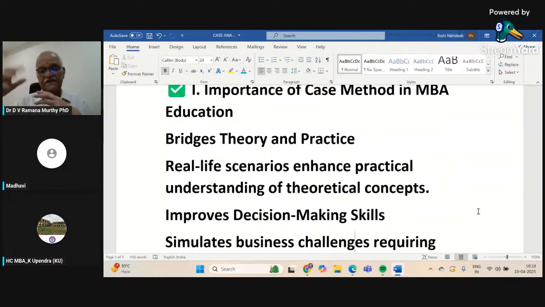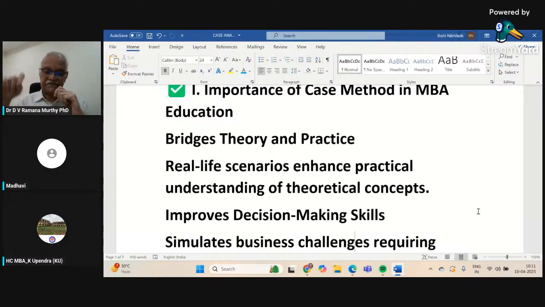Once you try to apply theory into practice, it improves your decision making skills. Fantastic, because decision making is all about defining a problem, analyzing the problem, developing different alternatives, evaluating all the alternatives on certain parameters, suggesting a solution, implementing it, reviewing the performance of your decision, taking the feedback, and coming back.